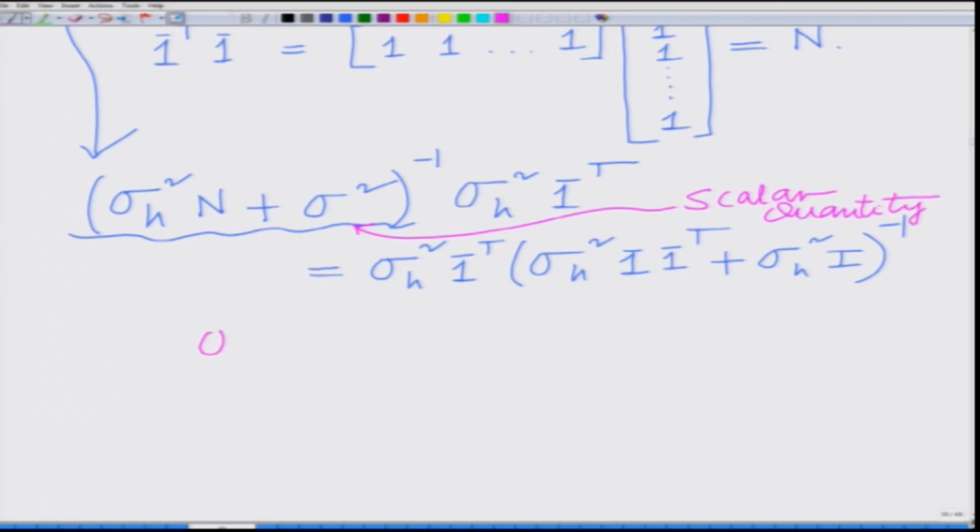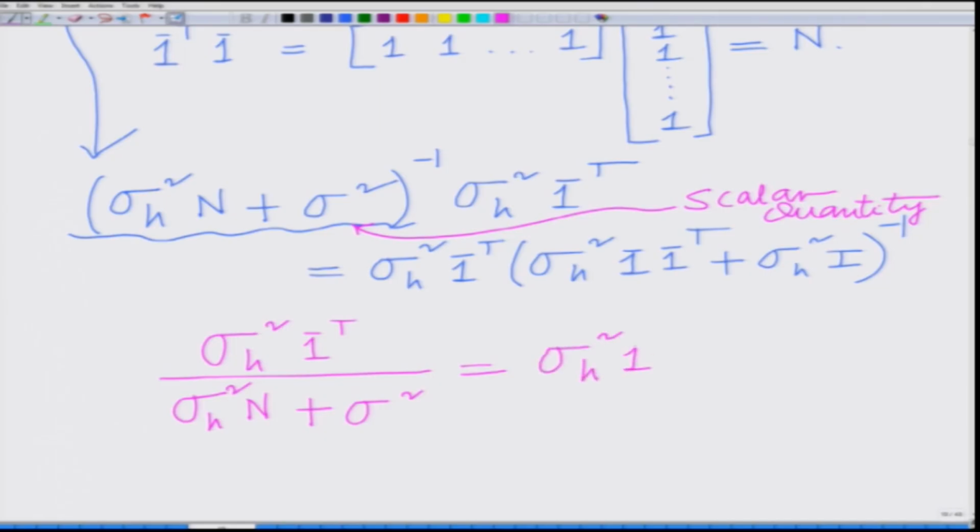And therefore, we have sigma h square divided by sigma h square n plus sigma square, which is equal to sigma h square 1 bar transpose, sigma h square 1 bar transpose plus sigma h square identity inverse.